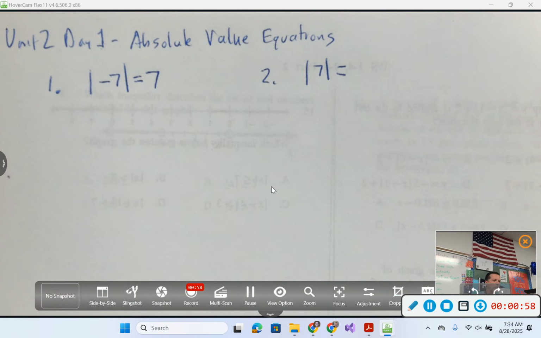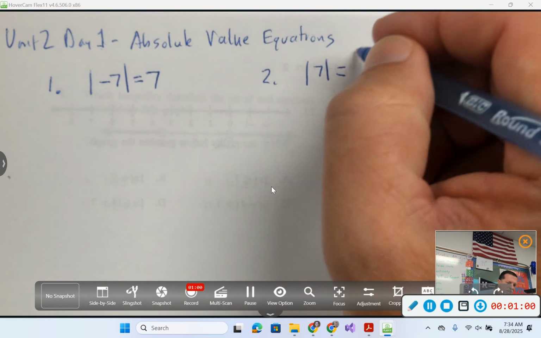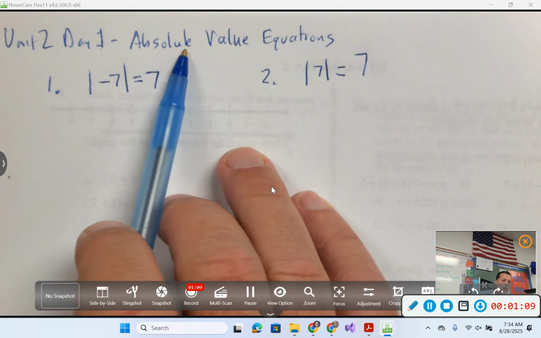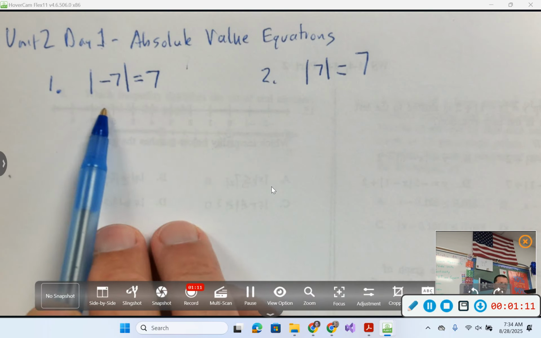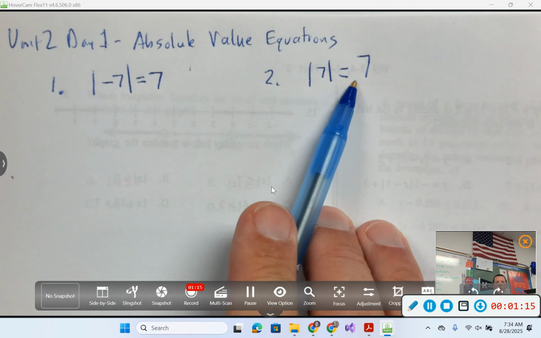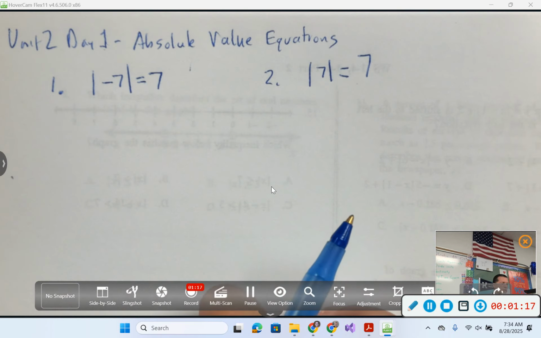And the absolute value of 7? 7. Okay, that's the stuff that we already know. Absolute value turns things positive. A better way to think about absolute value is how far it is from 0. Negative 7 is 7 away from 0. 7 is 7 away from 0. So the answer always ends up being positive.